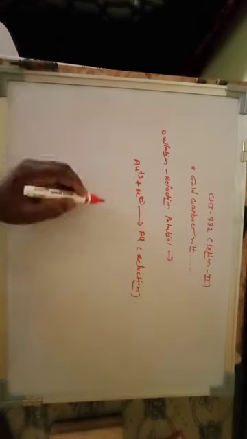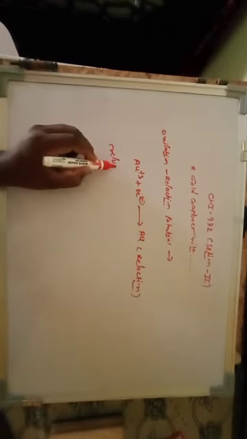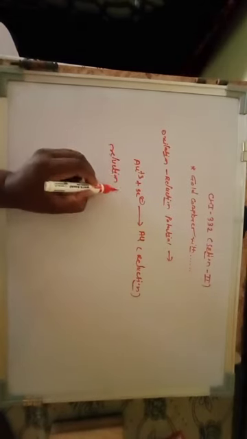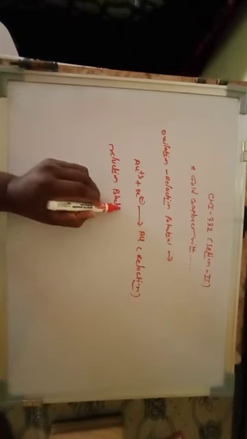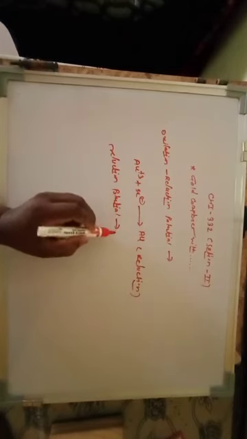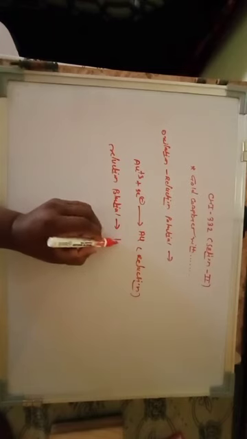Au3+ acts as an oxidizing agent, it undergoes a reduction reaction, and its reduction potential is 1.50 volt.